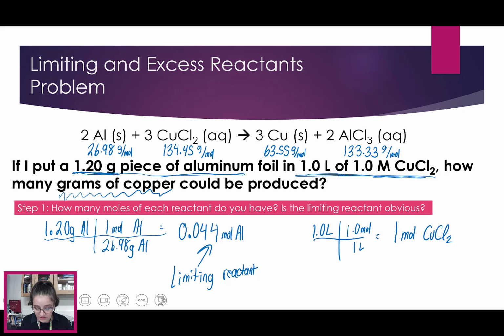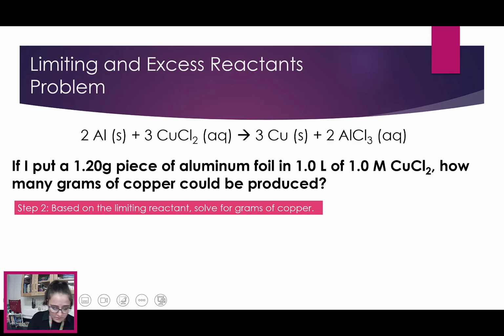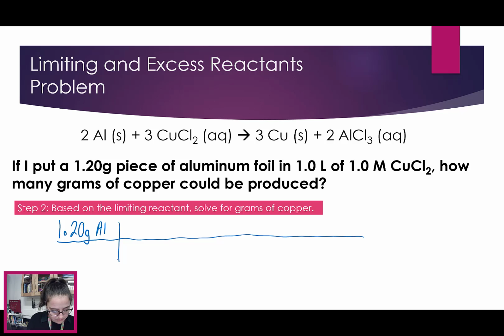Okay, that's the one that's going to limit how much product we can form. So let's go ahead and see how much product we are going to form. Okay, so we'll start with our known, that 1.20 grams of aluminum, because that's the one that's going to limit how much copper we can form. Now it is a gram to gram conversion problem again. So I'll go ahead and throw the molar masses here for our known and our unknown.